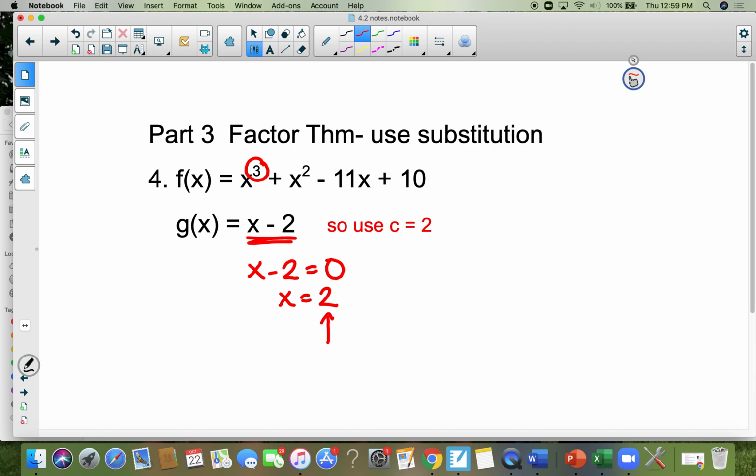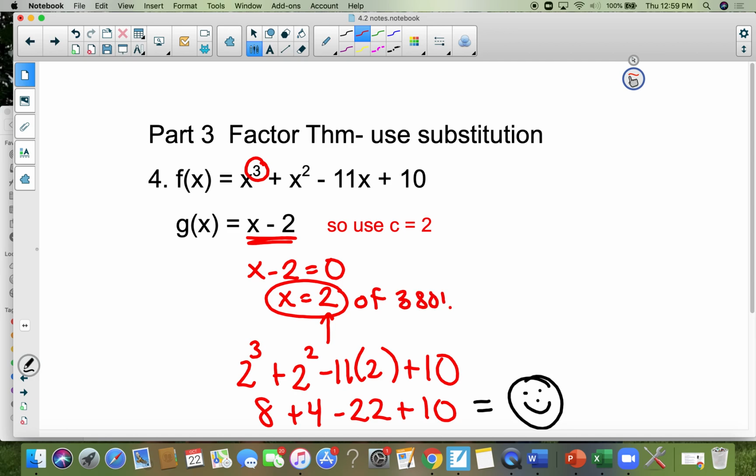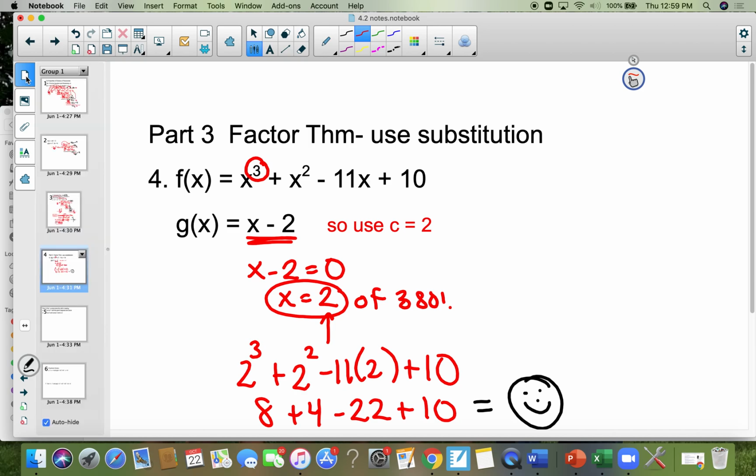So all you're going to do is in place of all your x's, put a 2. 8 plus 4 minus 22 plus 10 equals 0. And since you got a 0, that means we found one solution of the three solutions. That's part 3. It's called the factor theorem.